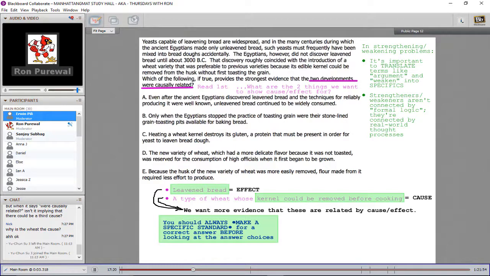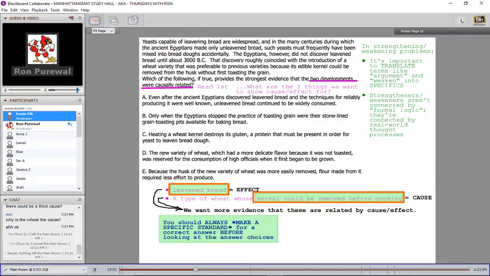So here, what we need is this, right? Our standard is, we need a reason why this new type of wheat would actually allow us to make leavened bread. Which also implies that the other types of wheat that existed before this must not have allowed us to make leavened bread. So there's our standard, before we even look at the choices.